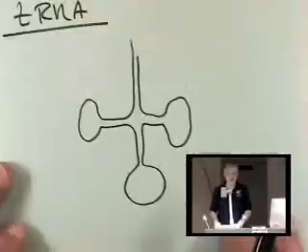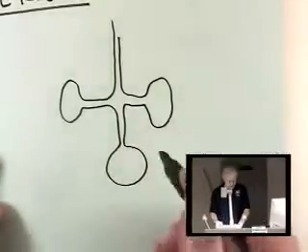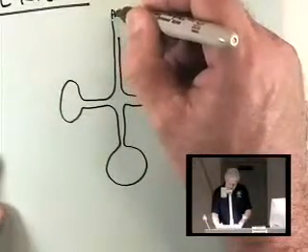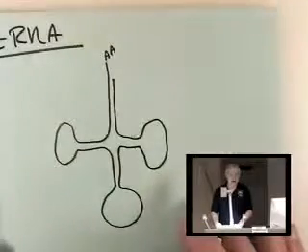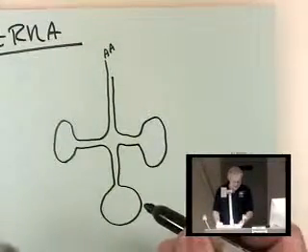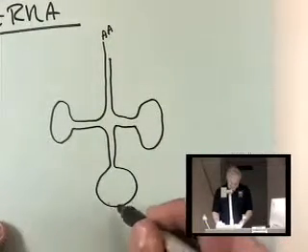And then it forms this kind of a shape, two-dimensionally. Three-dimensionally, it curves even more to look like an L. But at this end here is where the amino acid will be bound to it by the aminoacyl tRNA synthetase enzyme. And there's one of those enzymes for every amino acid.